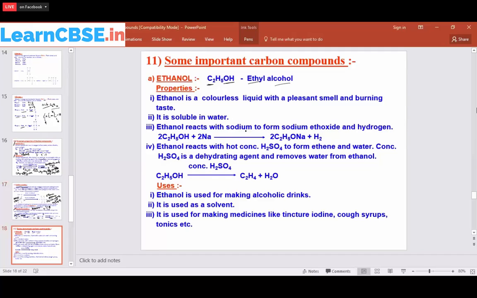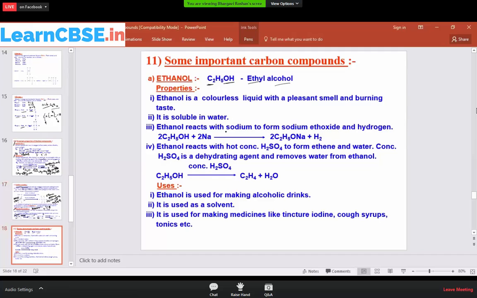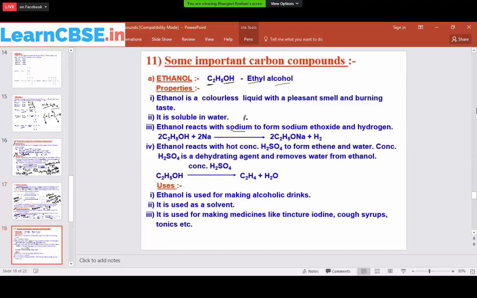And ethanol reacts with sodium, because sodium is a reactive metal. Ethanol reacts with sodium and forms sodium ethoxide and hydrogen gas. Here the hydrogen is easily replaced with the sodium atom. So we have to write C2H5OH, and in the place of the hydrogen, we write Na, C2H5ONa.